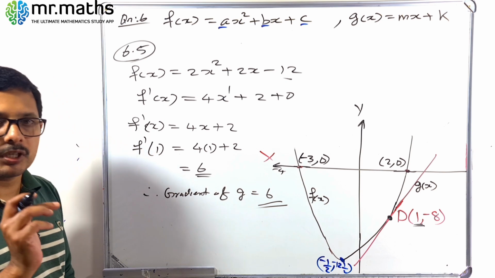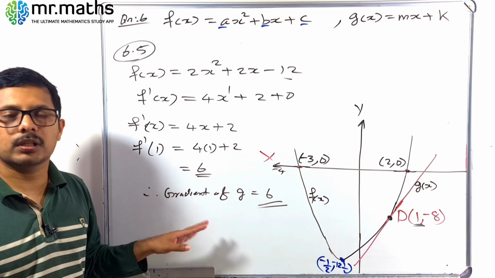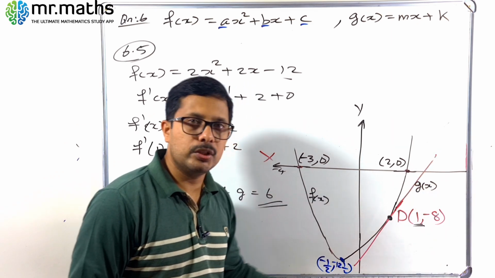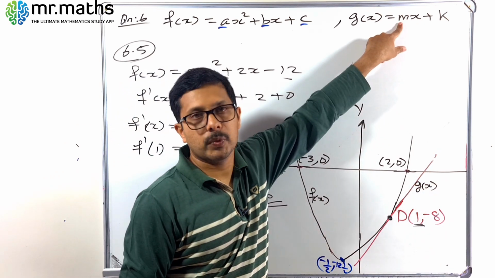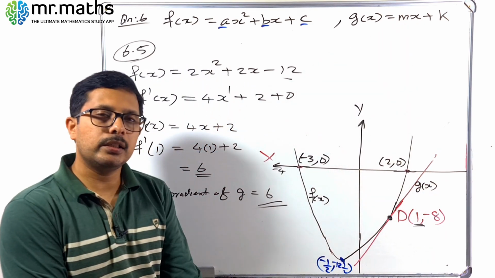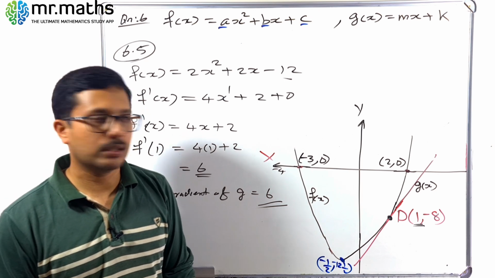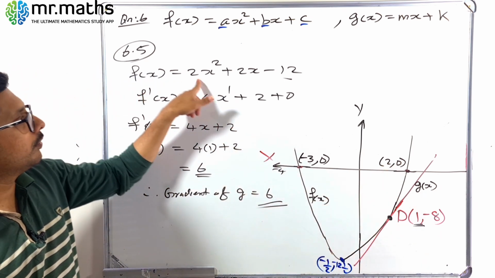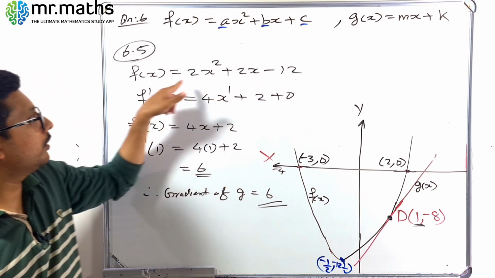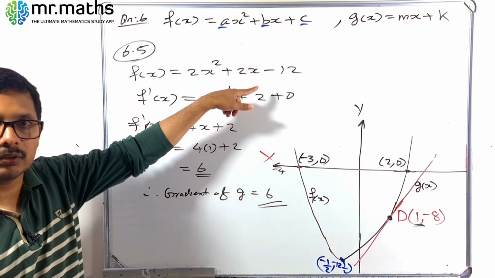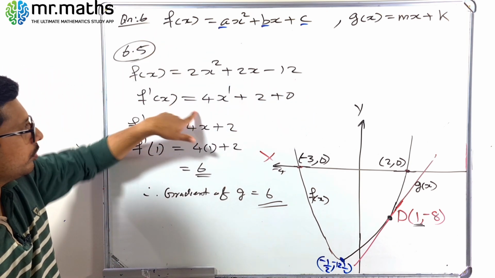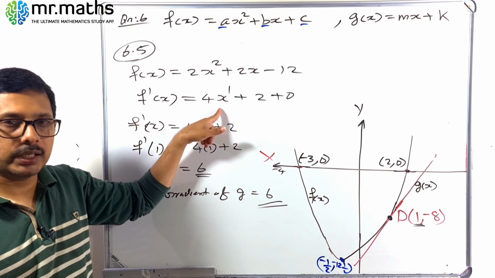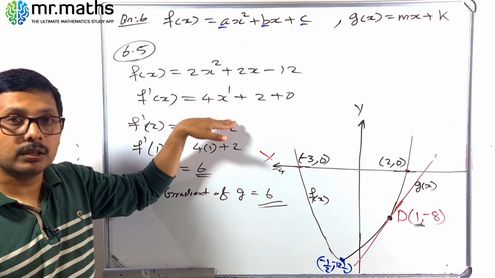So listen once more. Actually this is a pure calculus question. You have to find the gradient of this g of x, or this m. How did you do it in calculus? First you have to find the derivative of the given parabola, the equation of the quadratic. First you find the derivative f dash of x. I hope you already studied calculus and how to find the derivative.